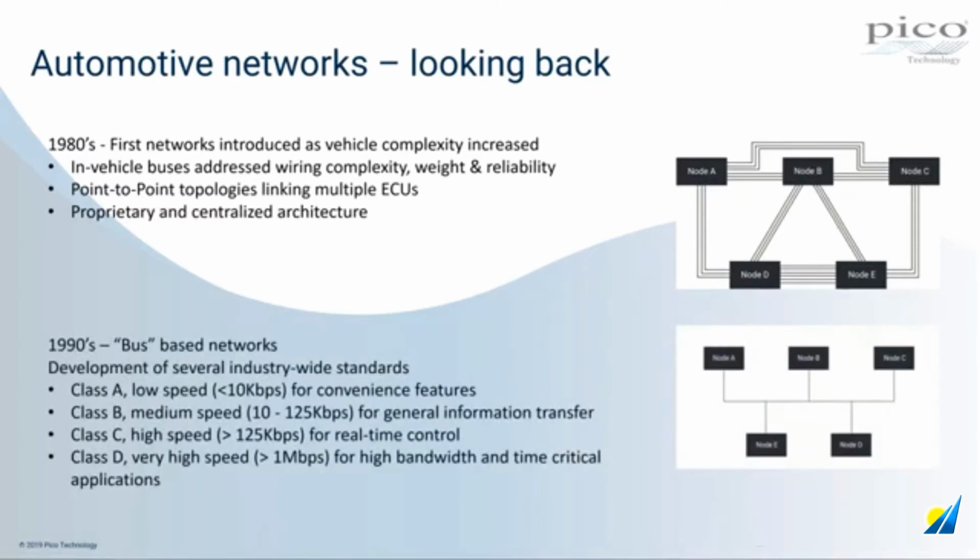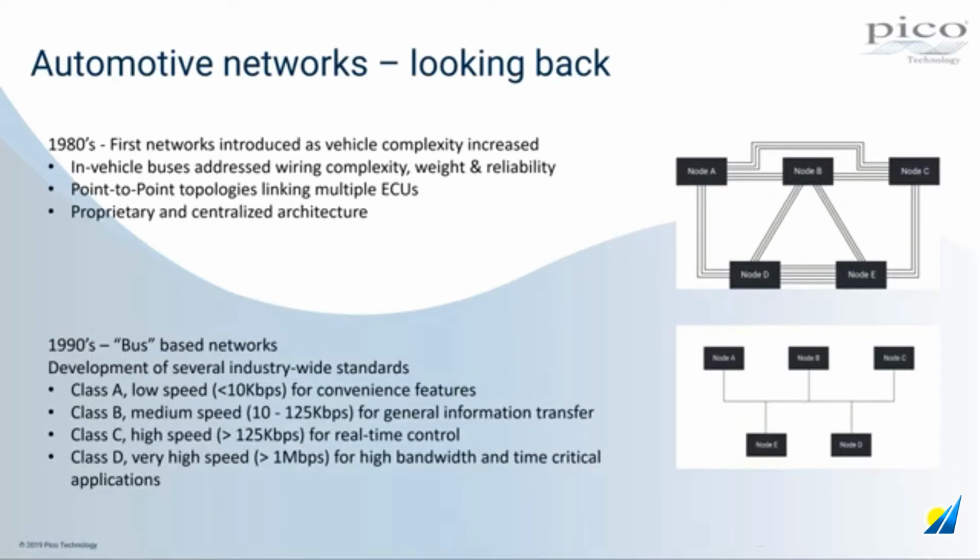So as we moved into the 1990s, we saw the development of bus-based networks, where each node was connected to a bus-type structure, and any ECU could be connected to any other ECU on the system.